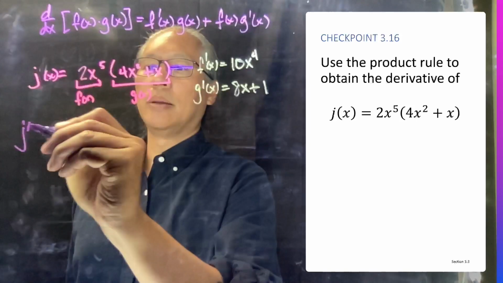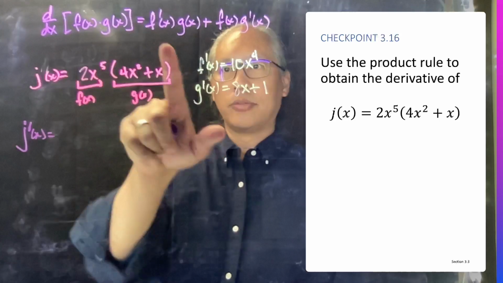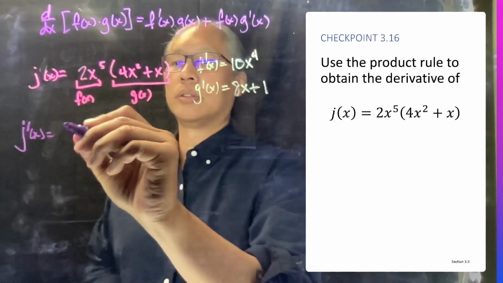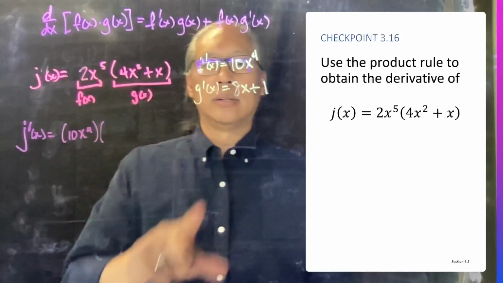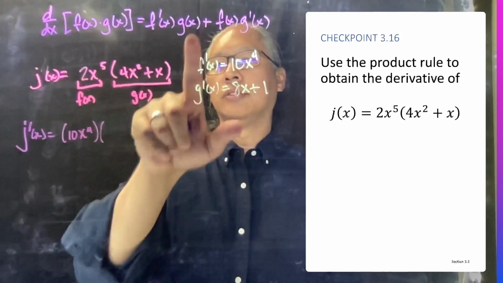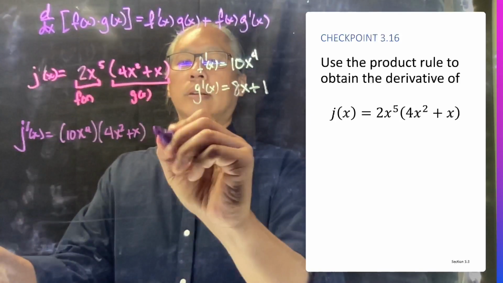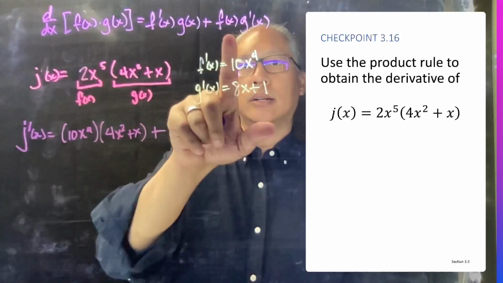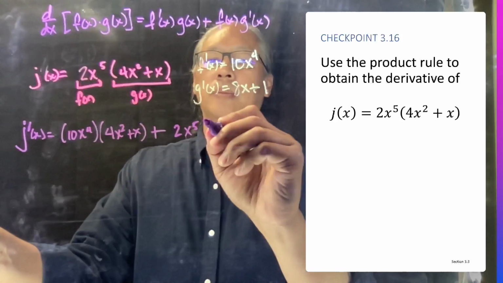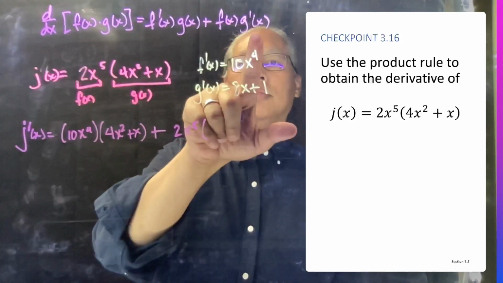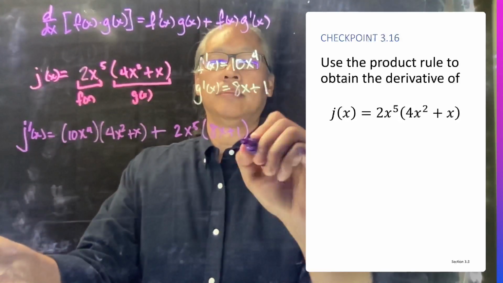So j prime of x is equal to, according to how I wrote my formula, the derivative of the first, which is going to be 10x to the fourth, times the second function, g of x, which is going to be 4x squared plus x, plus the original f of x function, that's 2x to the fifth, times the derivative of g, which we found to be 8x plus 1.